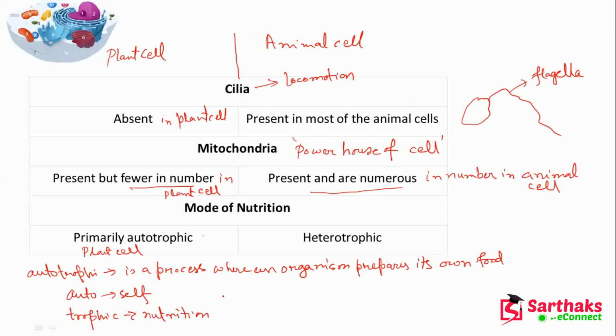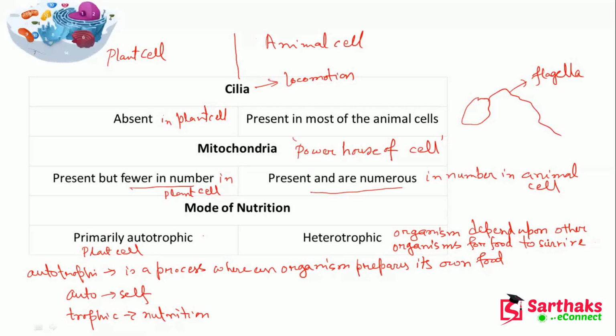So heterotrophic nutrition is the mode of nutrition in which organisms depend upon other organisms for food to survive.